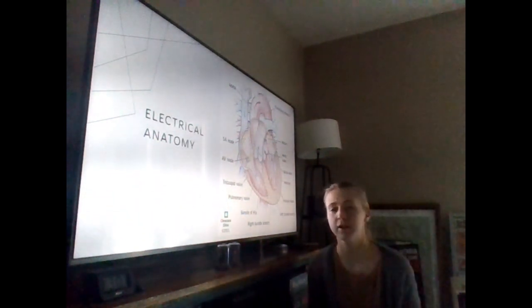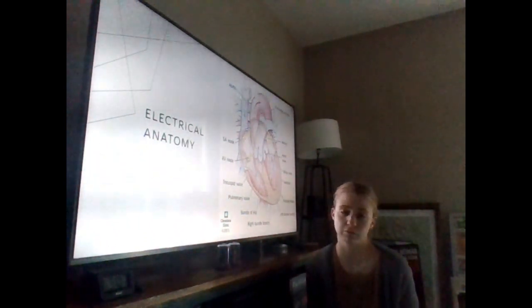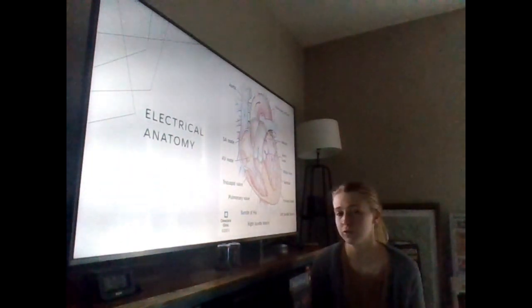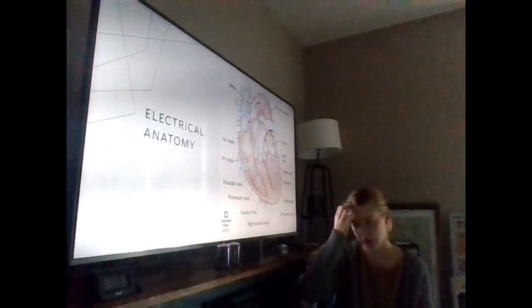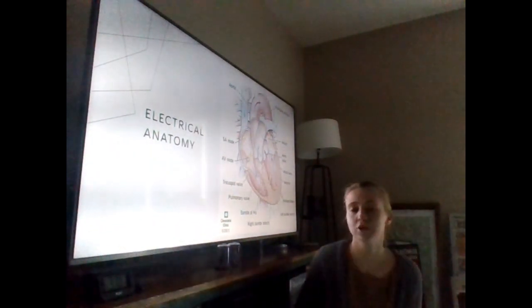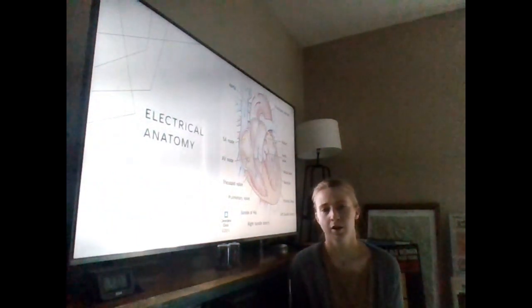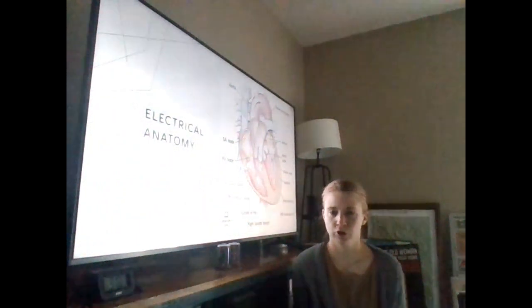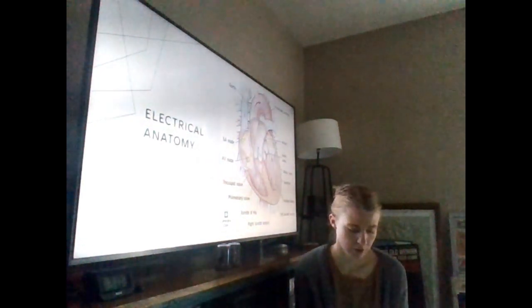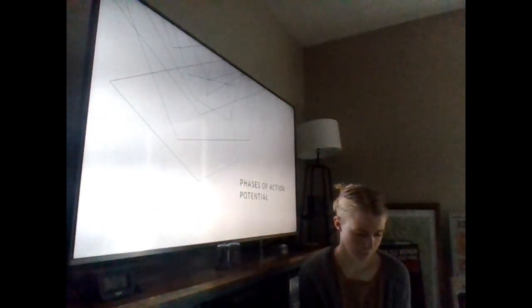Those are specialized cells that can quickly and effectively spread the electrical impulse throughout the entire ventricle, so it all contracts at one time like it is supposed to and has uniform motion. Those Purkinje fibers are the last cell structure on the way to the individual muscle cells, delivering all of that impulse.